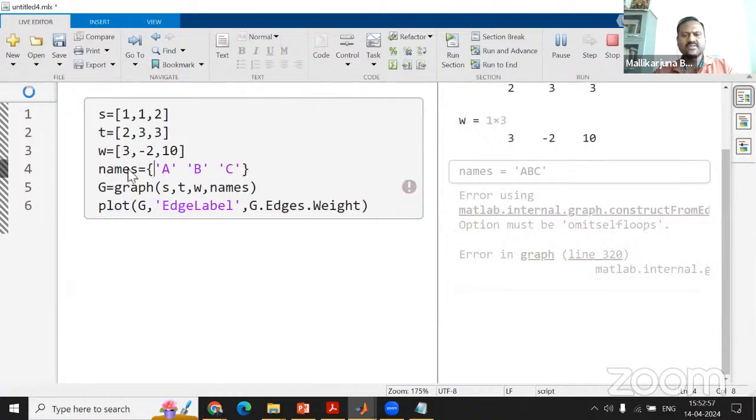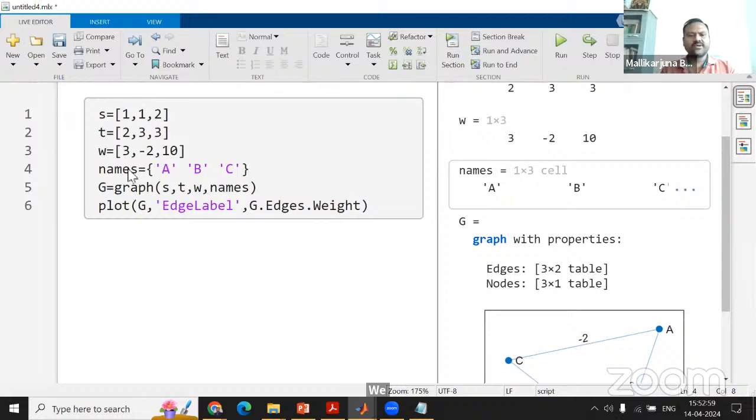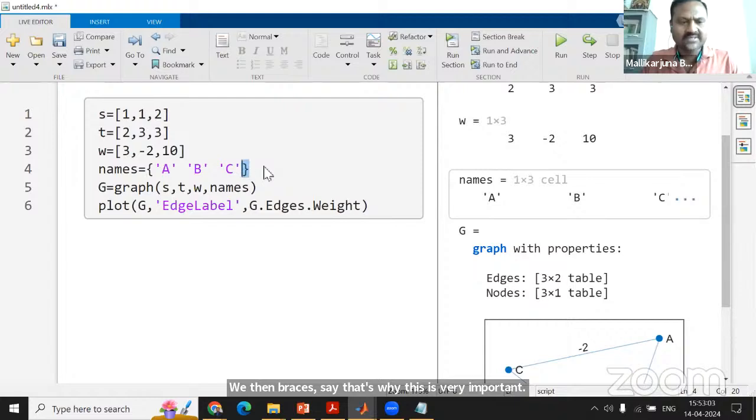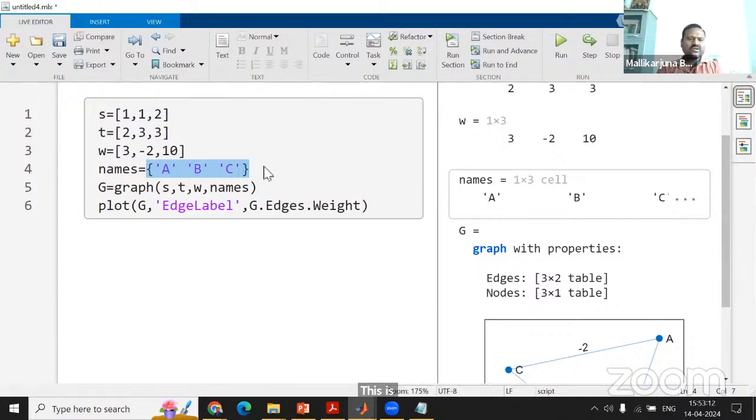Within braces, that's why this is very important. The square brackets are for the vector form, but the braces mean these are symbols. In C language we would call it a dictionary.